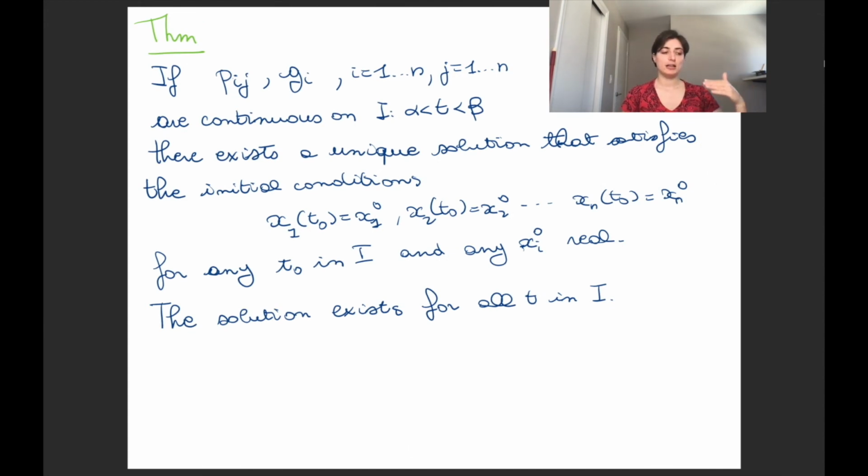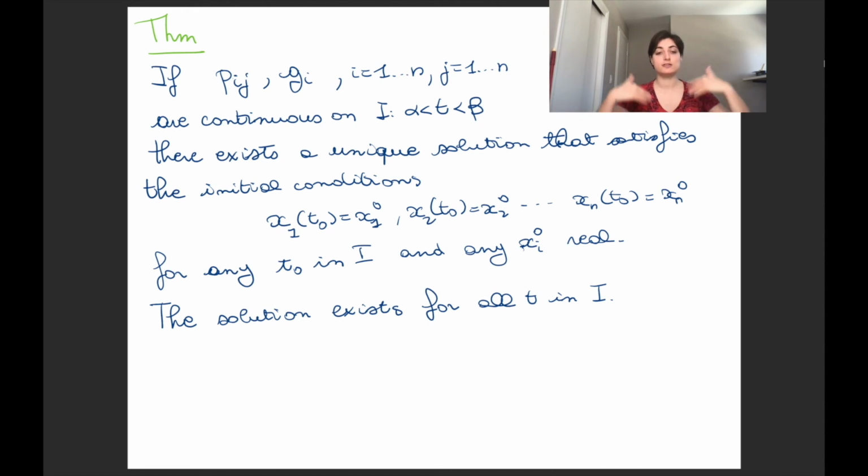Theorem: if all the functions of time that I just introduced are continuous on an interval between alpha and beta, then there exists a unique solution that satisfies a given initial condition at t0 for any t0 in that interval and any combination of real initial conditions. The solution is unique, as we just said, and exists for all values of time in the interval.